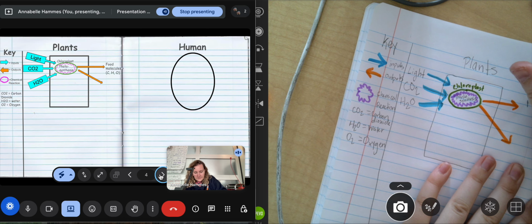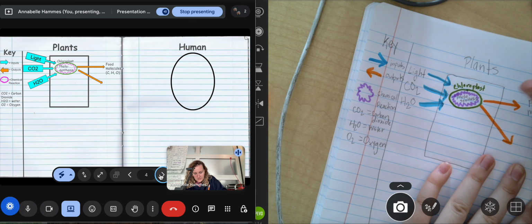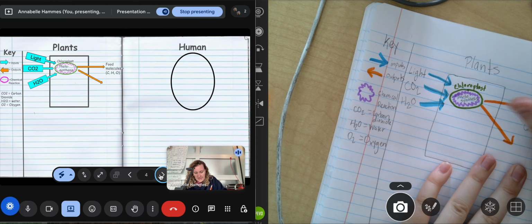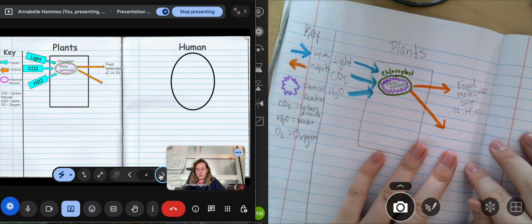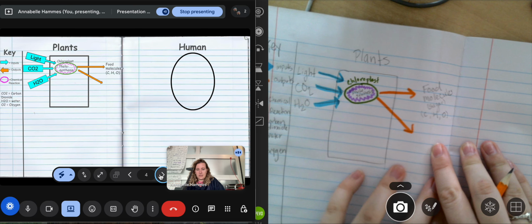So first is food molecules, like sugar, right? Those atoms are C, H, and O, which are what make up those molecules there.